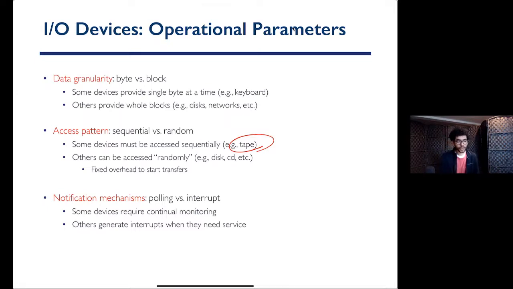Most of the devices that we have in today's systems are capable of producing interrupts. So they can raise an interrupt and tell the operating system that whatever you wanted is now ready. If you care about performance and utilization, these are really things that you have to consider.